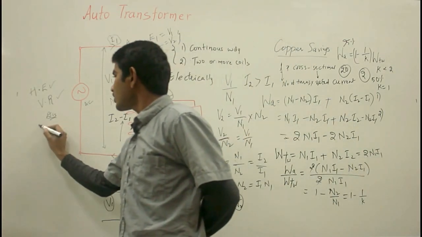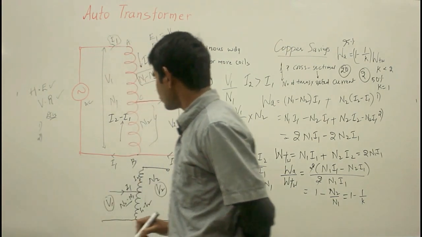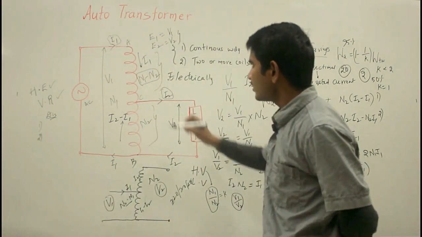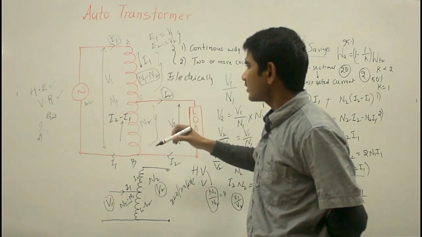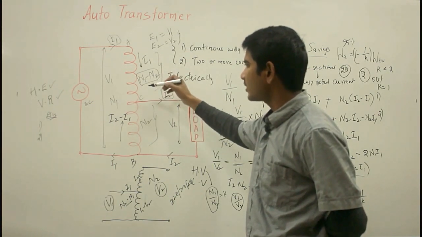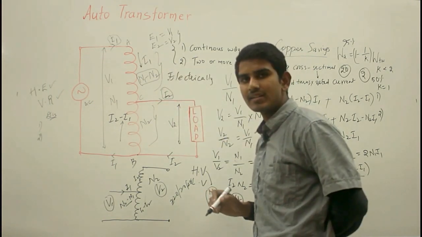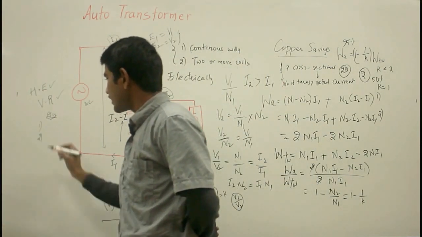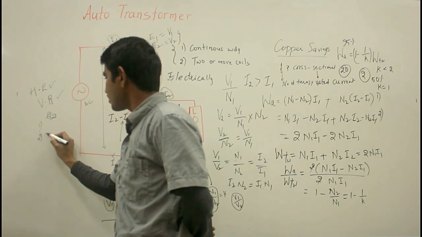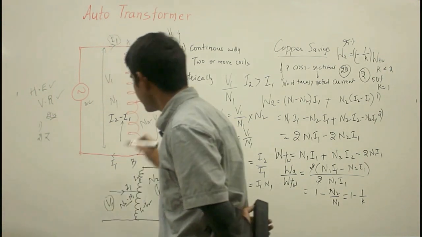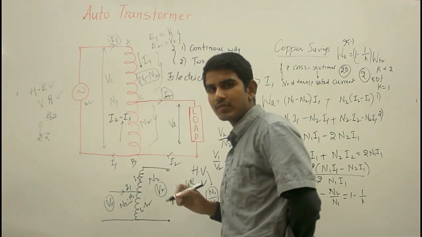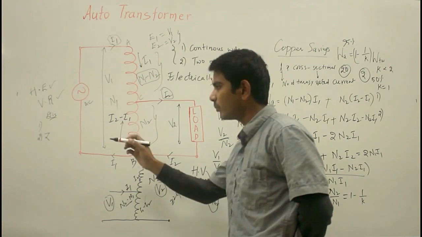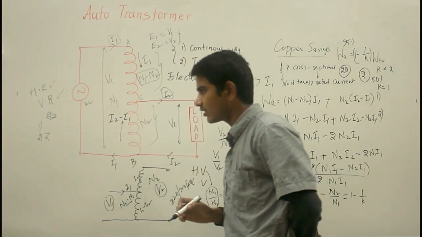Now the second disadvantage is there is less leakage flux, or less flux is flowing between the primary winding and secondary winding. As there is small leakage flux, the impedance is also low, because the impedance and the flux are connected together.